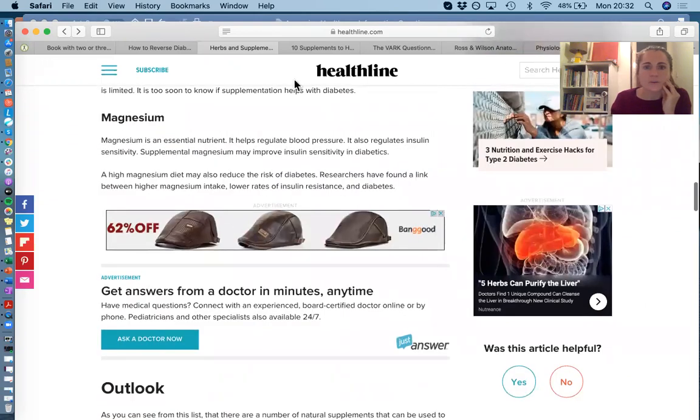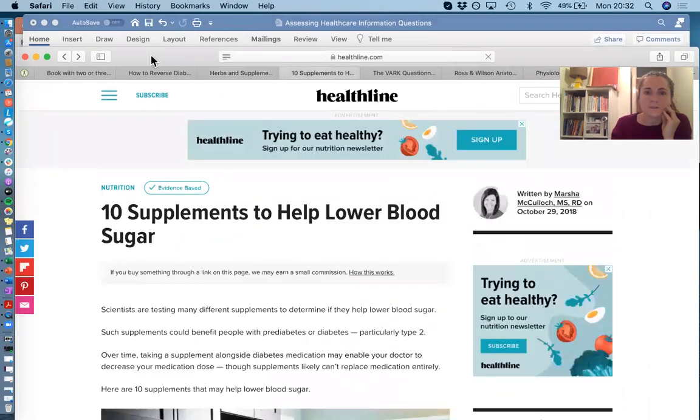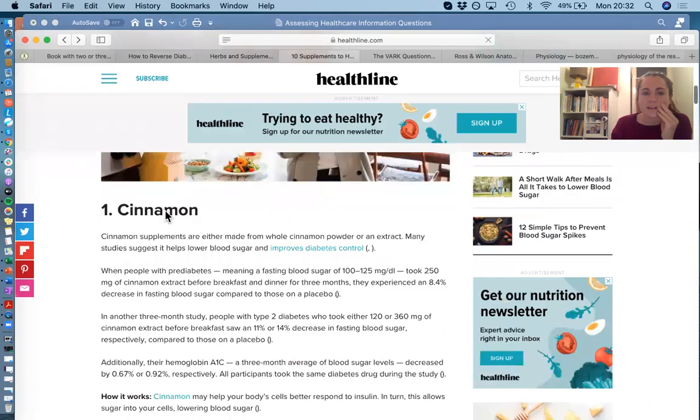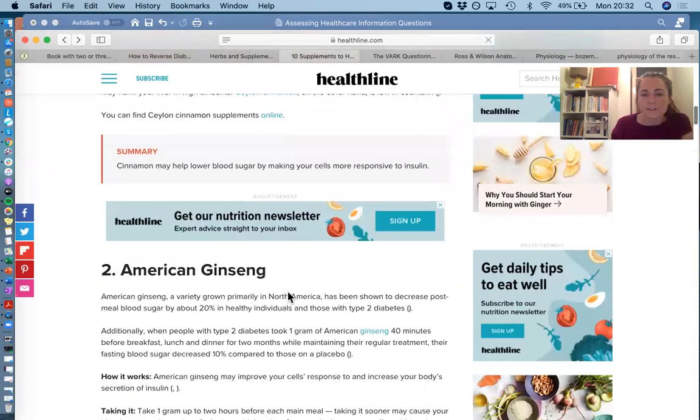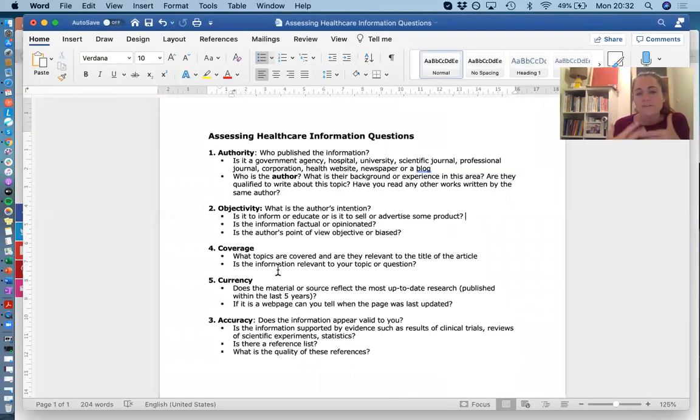It's the same with this one. "10 supplements to help lower blood sugar levels," and it's got cinnamon, American ginseng, probiotics, aloe vera, goes through them. This question often, the information within the article will be relevant to the title.